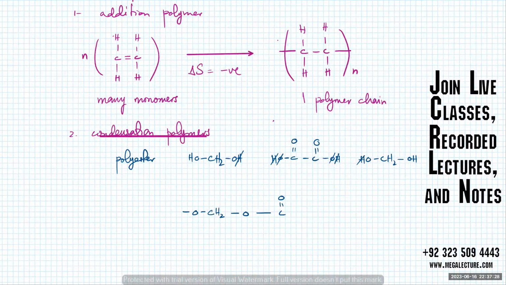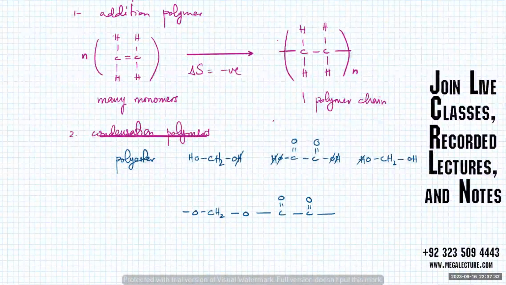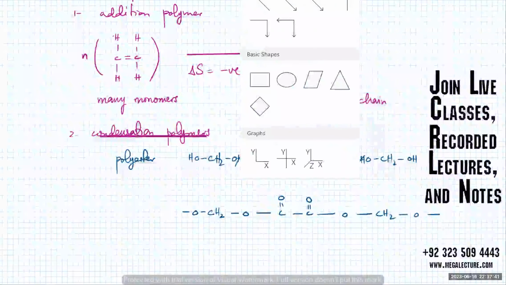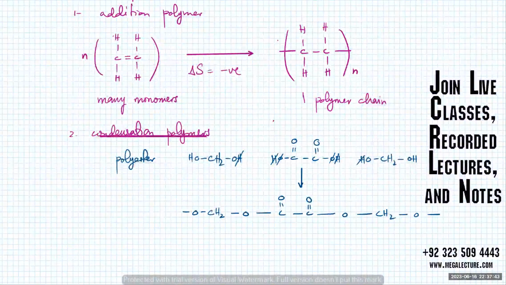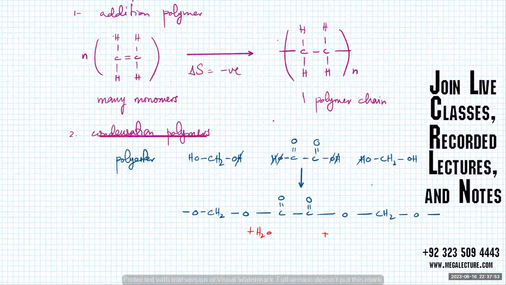So C double bond O. So this is what has happened, and every time condensation happens, a small water molecule gets produced, right in between the H and OH that get removed.